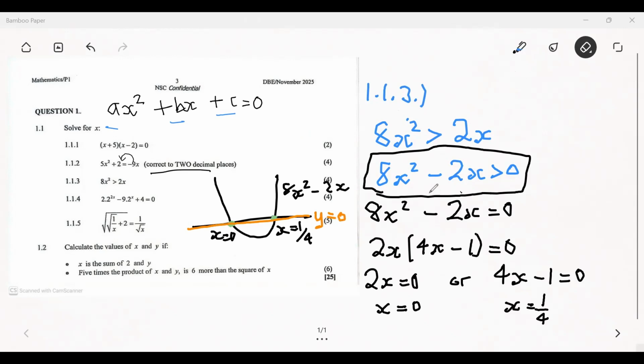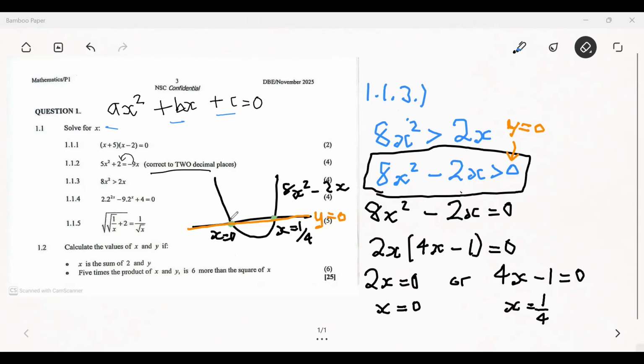And this inequality is saying, where is this function above that line, above y equals 0? Because this 0 here represents y equals 0. So we want to know the x values where the function is above the y equals 0 line, above the x-axis. Well, here's the part that people struggle with, and I hope to get you on board.